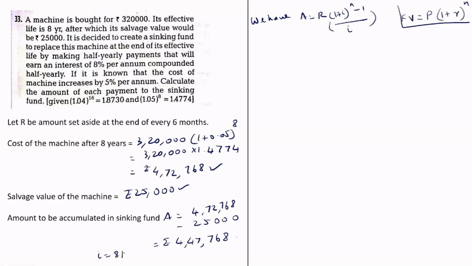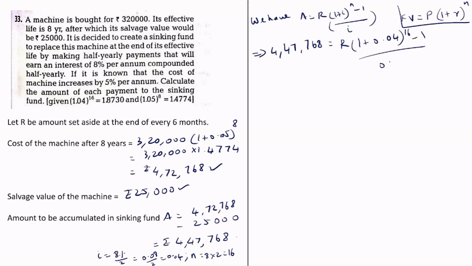So i is 8% divided by 2, it is 0.08 by 2, which is 0.04. And n is the number of payments. The amount is set aside at the end of every 6 months for 8 years, so n is 8 into 2, 16. So from this we have A, 4,47,768, equal to R into ((1 plus 0.04) the whole raised to 16 minus 1) upon 0.04.